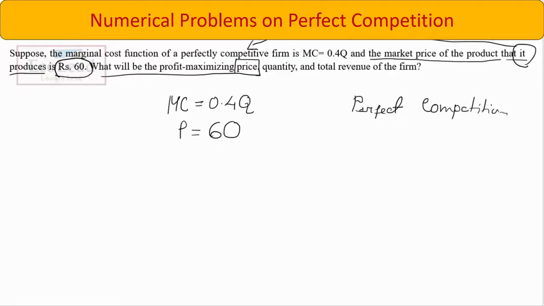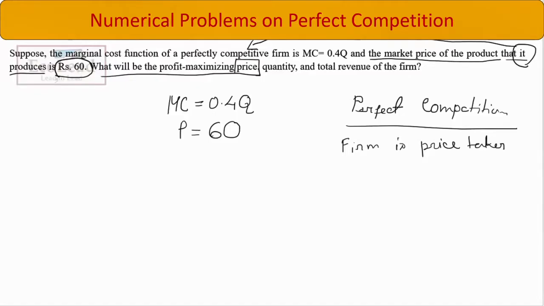Now, in the market structure of perfect competition, an individual firm is a price taker. That means he cannot determine the price of the product that he wants to sell.